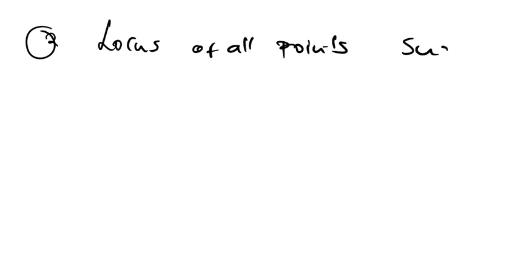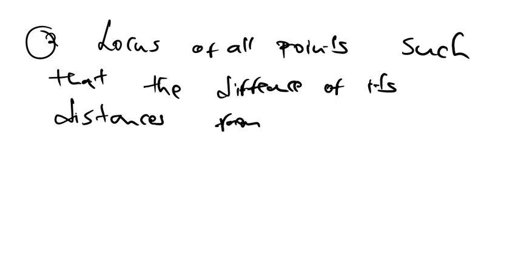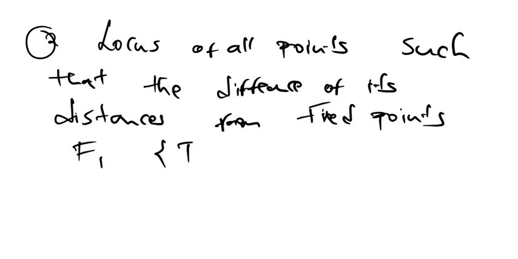You can think of the locus as a set, such that the difference of its distances from the fixed points F1 and F2, collectively called the foci, is a constant.